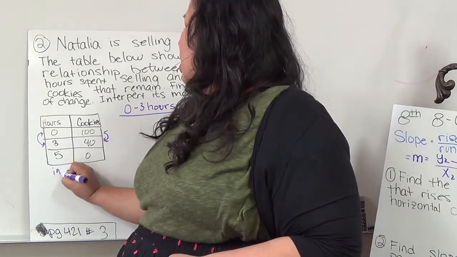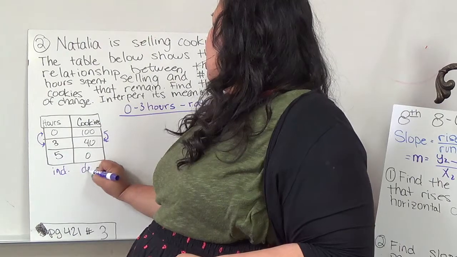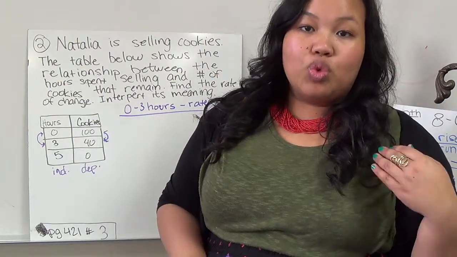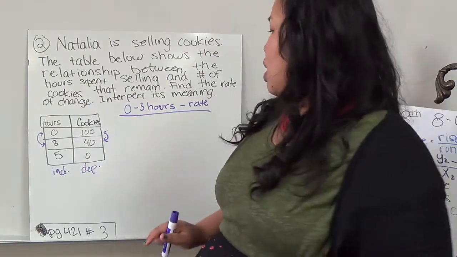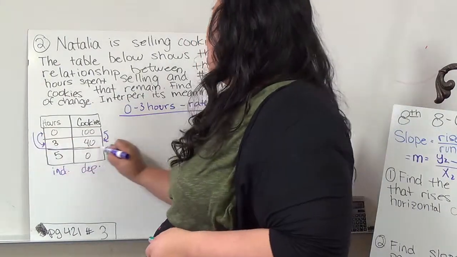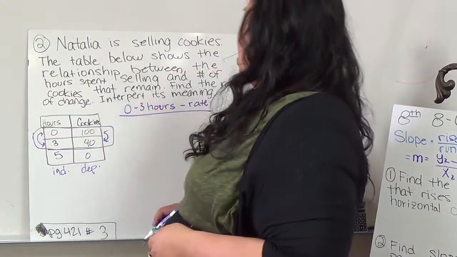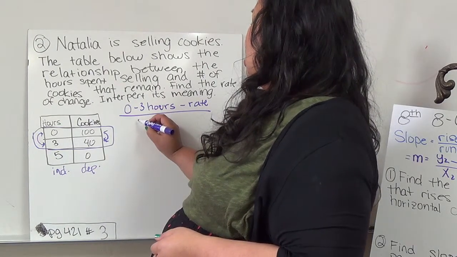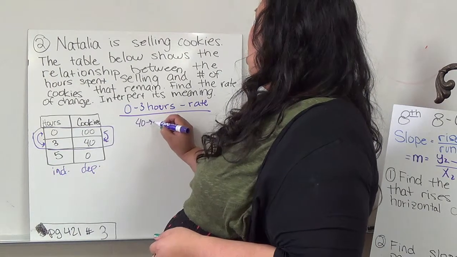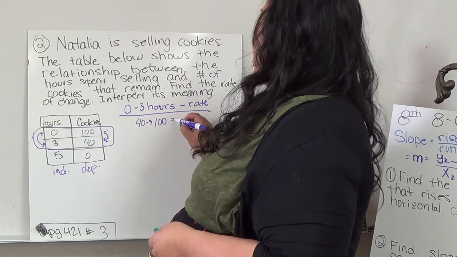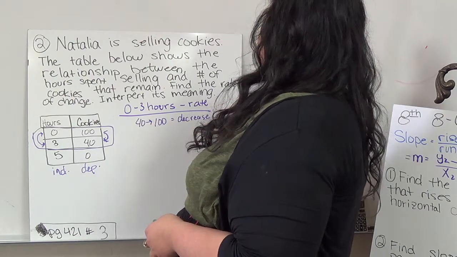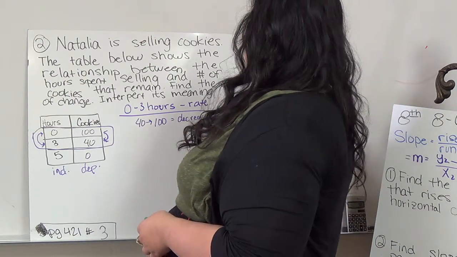So this is my independent, and this is my dependent. So the rate of change is the dependent over the independent. I'm only focusing on these 2 right now. So the change of the dependent is from 100 to 40. So that means I decrease 60 cookies.